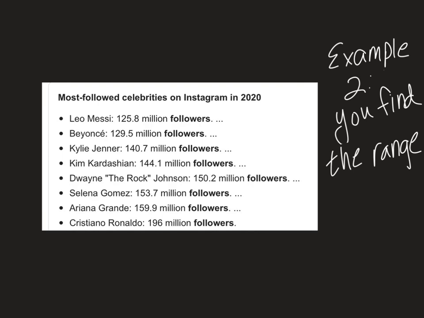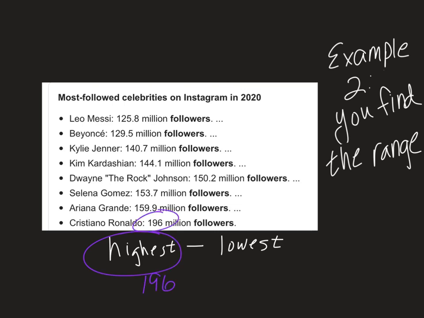Okay, so now for example 2, I'd like for you to pause the video and try to find the range of this data set. I am going to assume you've already done that yourself, so remember we need to do the highest minus the lowest. In this case, our highest value is 196 million.